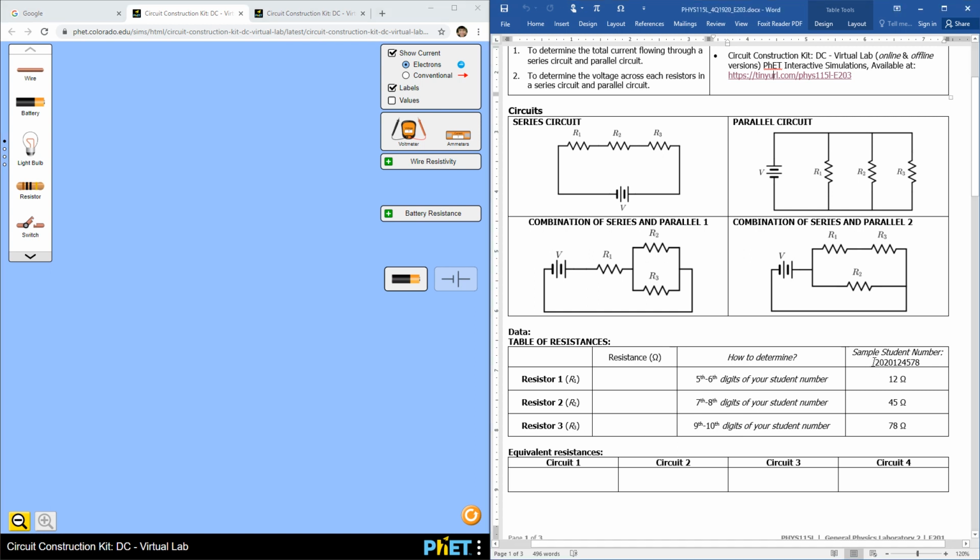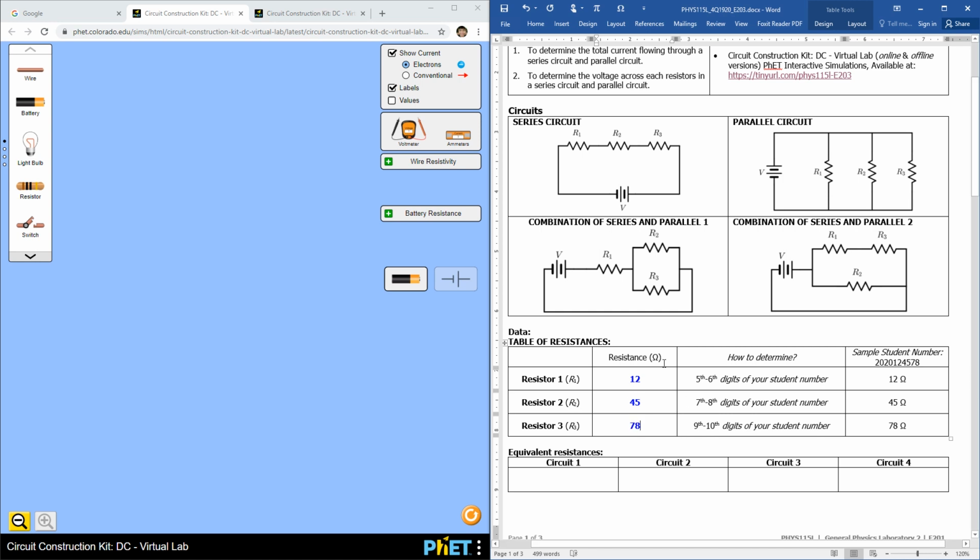For example, if your student number is 2020 1, 2, 4, 5, 7, 8, that means 12 ohms is the resistance of resistor number 1. 4, 5 is the 7th and 8th digits of your student number, so that means 45 ohms is the resistance of your second resistor. And then resistor number 3 will be 78.